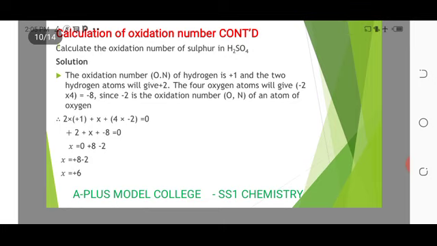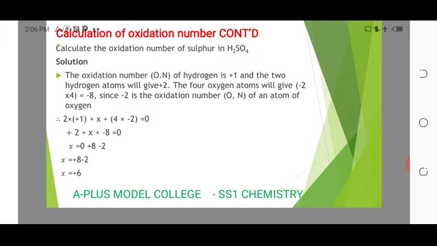Look at this example. They said we should calculate the oxidation number of sulfur in H2SO4. In hydrogen there is +1 and in oxygen there is -2. Those are the two things I said we should know. In the fifth line under the solution, we have 2 times +1, because we have 2 hydrogens, plus, because sulfur is the main thing we are looking for, we let it be x, plus 4 times -2, because the oxidation number of oxygen is -2, which is equal to 0.